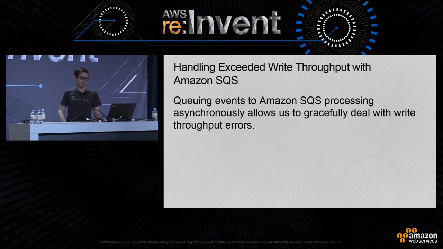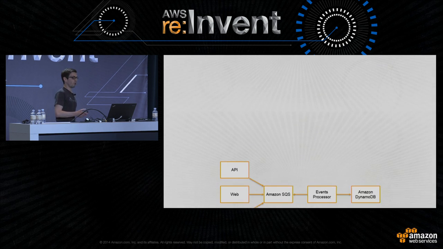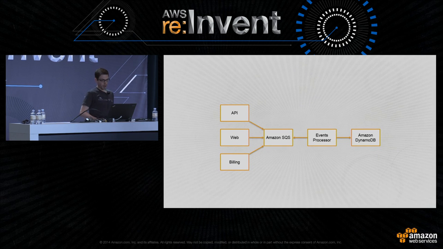The way that we deal with that at Twilio is we use SQS between our writers and DynamoDB, and then we process those events asynchronously. So in this example, we have an API node, a web node, and a billing node, and all of those generate events. They send them to SQS, and then we have an events processor that asynchronously processes those events from SQS.